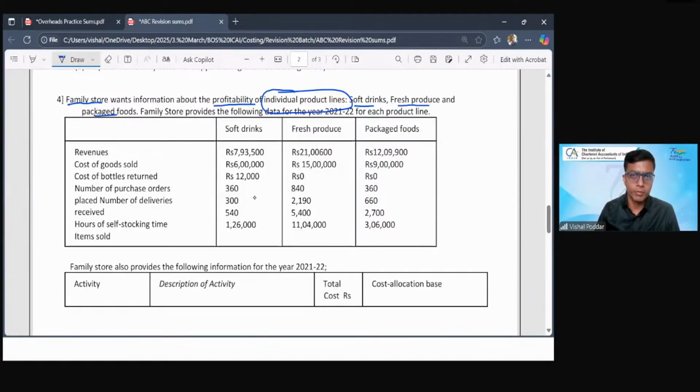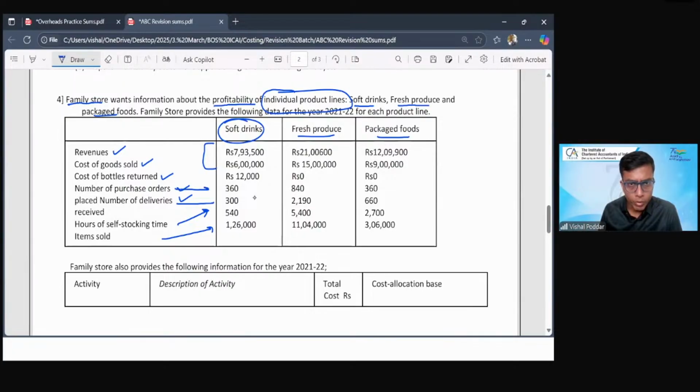Now the data provided for each product line is revenue, meaning sales, and the COGS. So this part will give you the GP. Then, importantly, they are saying that there are some bottle returns. This bottle return is happening only in soft drinks. It will not happen in the others because it has no relevance to other types of products. Then you have number of purchase orders and number of deliveries.